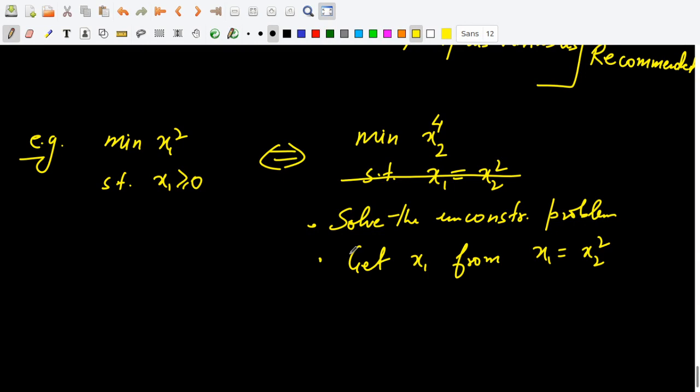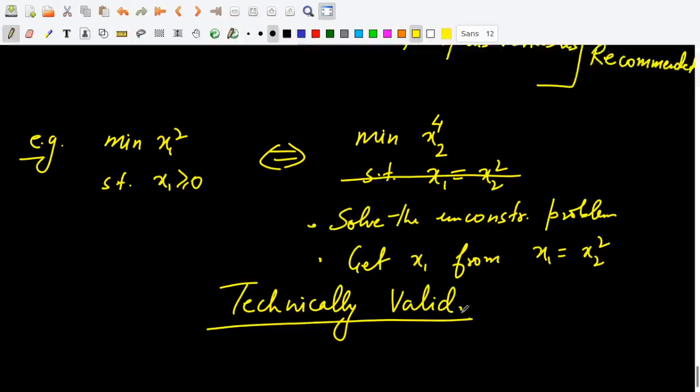Okay. So these types of transformations are technically valid, but again not recommended, because once we start solving this problem, we might have more difficulties as compared to solving the original.